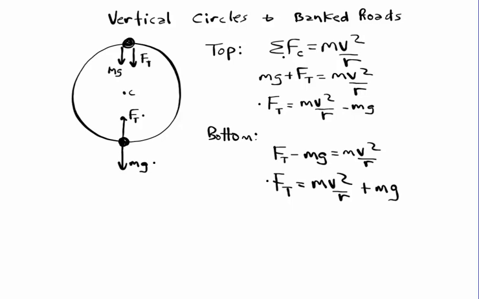As a matter of fact, if I swing it slowly enough, I can get a really interesting situation, which is when the tension goes away. This is another add-on that we can do in a vertical circle. You will come across problems where they'll ask, what's the minimum speed that you have to spin something around, or if it's a loop on a roller coaster, or any number of ways you can make something go in a vertical circle, what's the minimum speed to get all the way around?